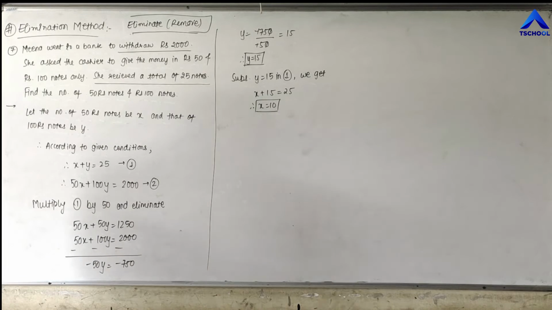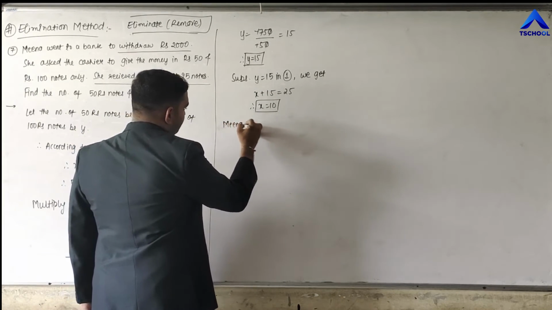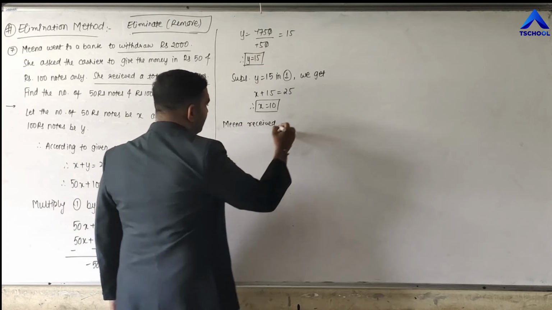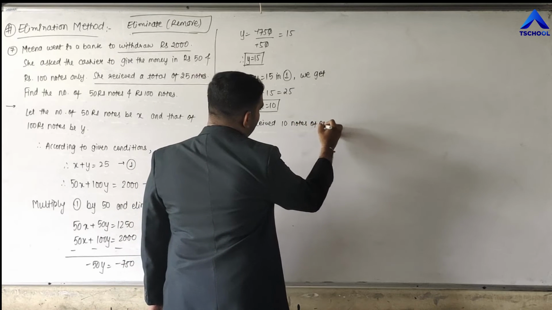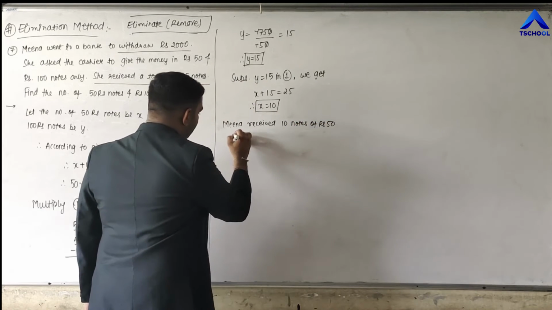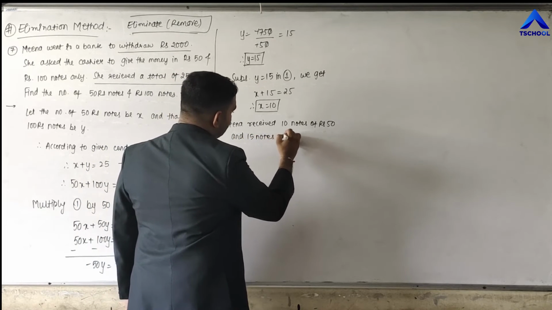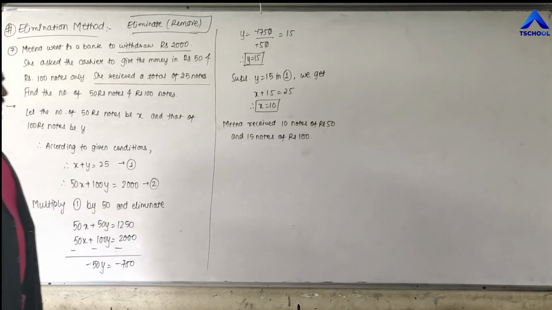So Meena received 10 notes of rupees 50 and 15 notes of rupees 100, right?